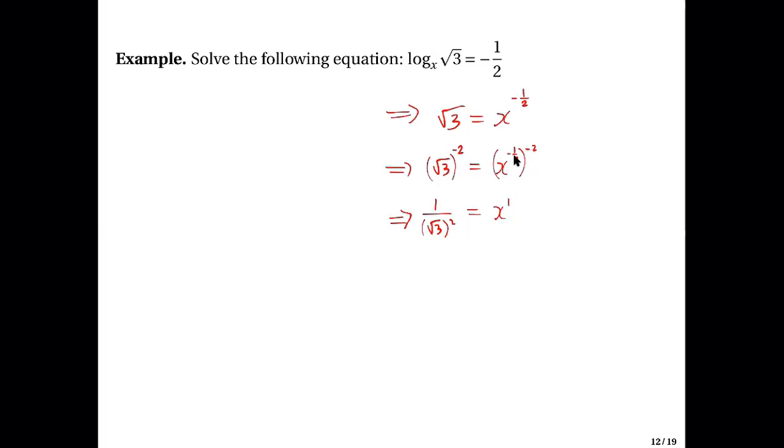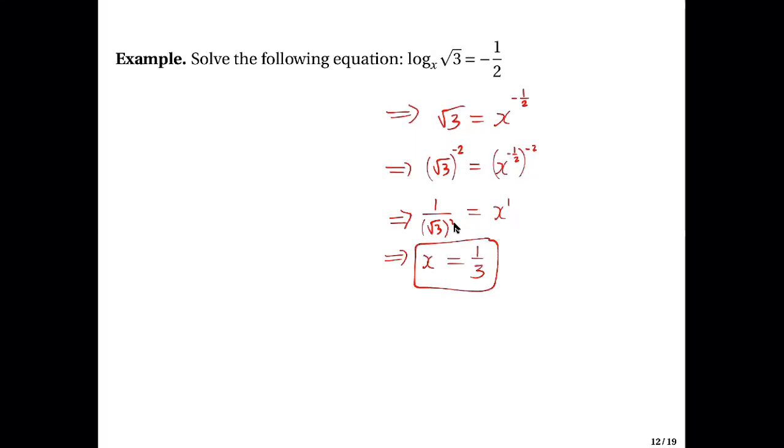So simplifying this, your x raised to 1 is simply x. But for this, you have 1 over square root of 3 squared. That's equal to 1 over 3. So this is our final answer.